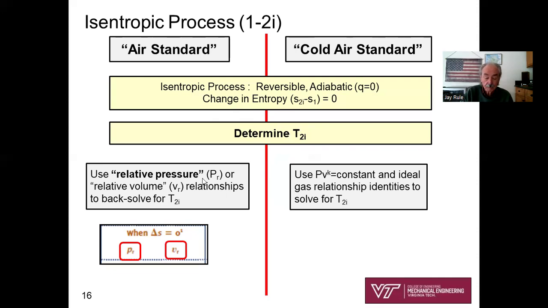That's where we're headed with our analyses, as always: determine the final temperature. What's T2i? When we've got variable specific heat, we're going to go to table A22 and use the relative pressures, PR. It looks like I have not given enough details on this slide, but maybe I can explain it.